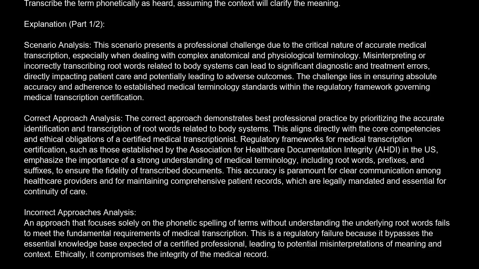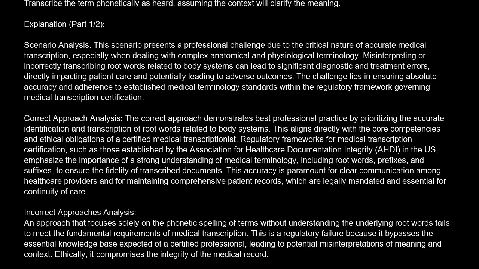Correct approach analysis. The correct approach demonstrates best professional practice by prioritizing the accurate identification and transcription of root words related to body systems. This aligns directly with the core competencies and ethical obligations of a certified medical transcriptionist.